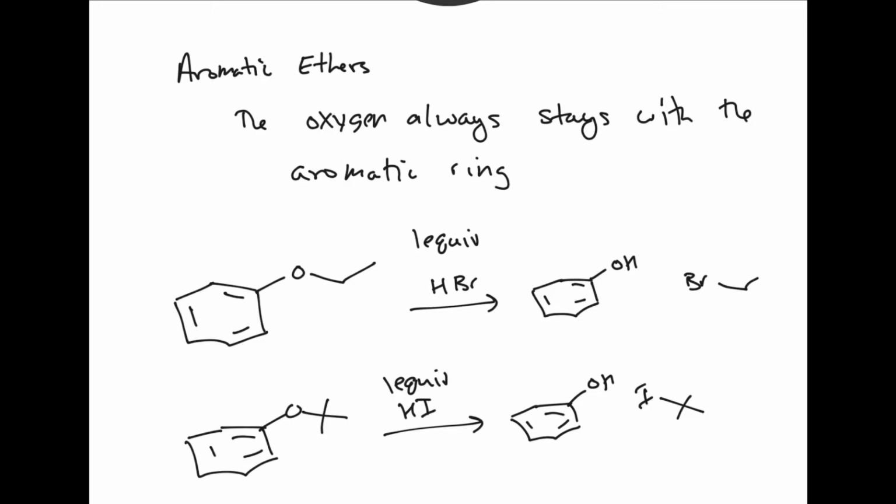All right. So for all of these examples, I've been very deliberate in saying that we're using one equivalent of the acid. The reason is we get a different product if we use two equivalents.